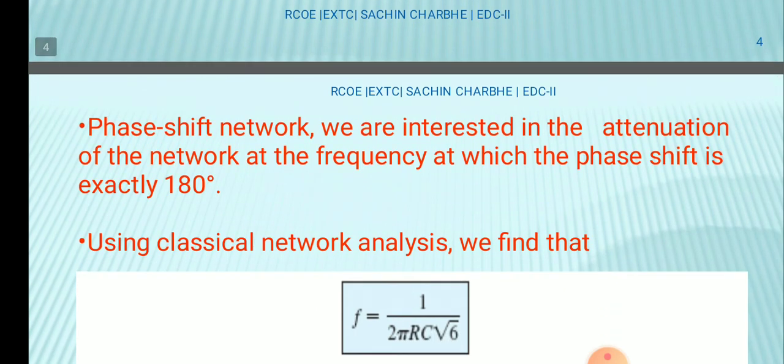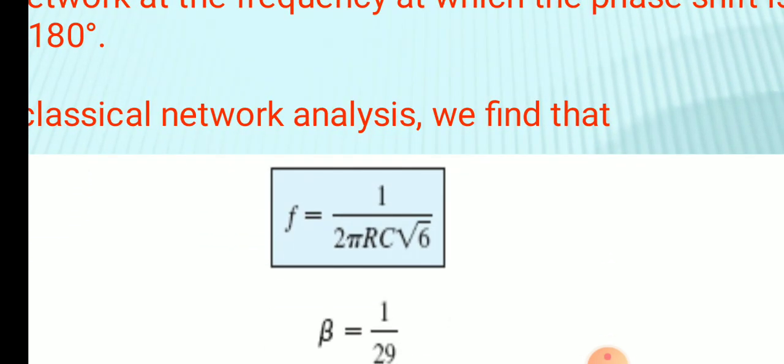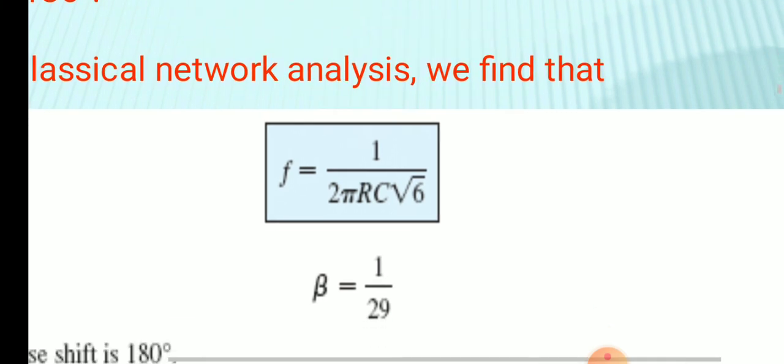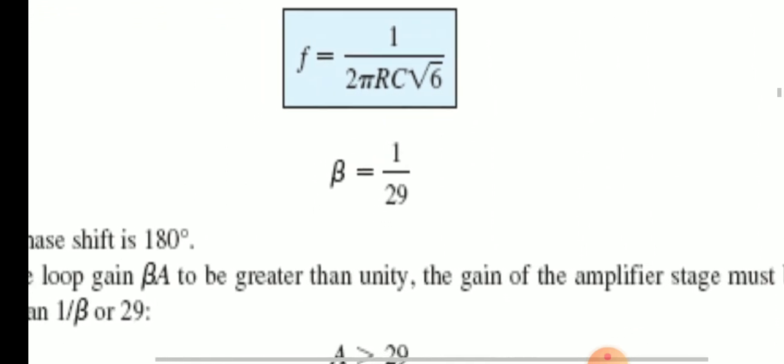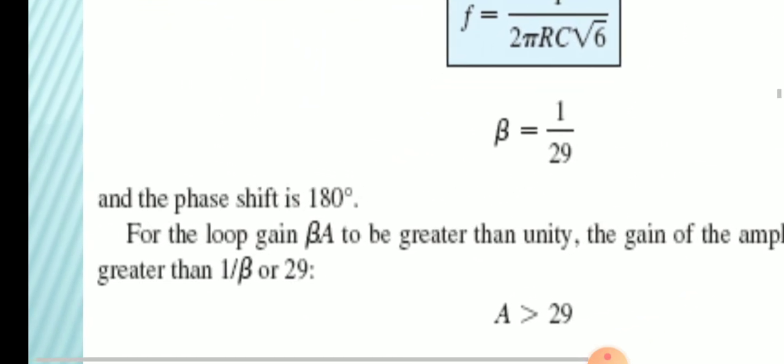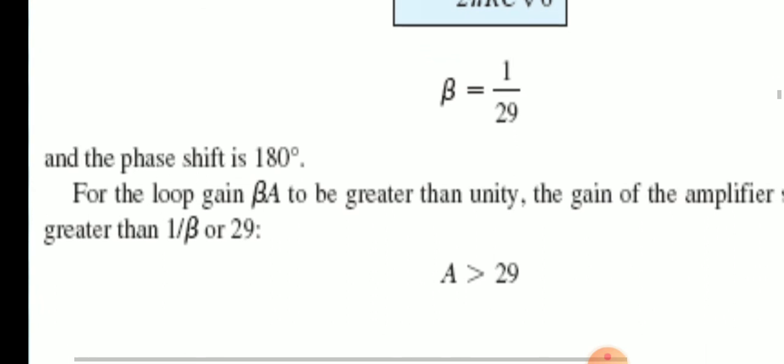In phase shift oscillators, we are interested in the attenuation of the network at the frequency at which the phase shift is exactly 180 degrees. From classical network analysis, we find that the frequency of the phase shift oscillator is 1 by 2 pi RC root 6. Here beta, the feedback element, equals 1 by 29, and the phase shift is 180 degrees.